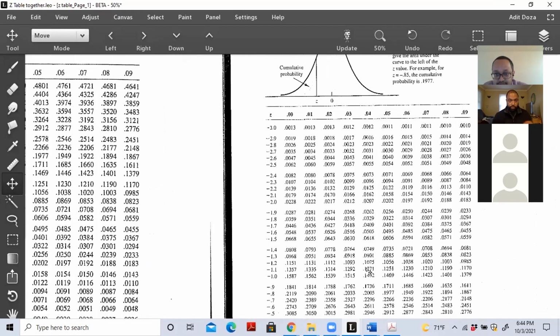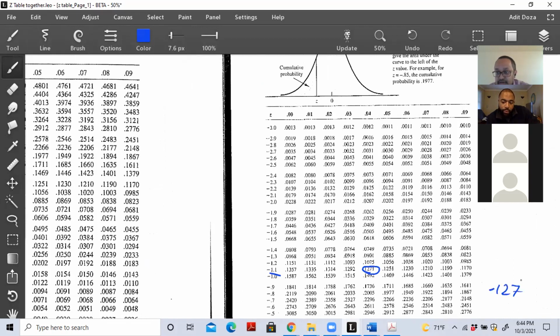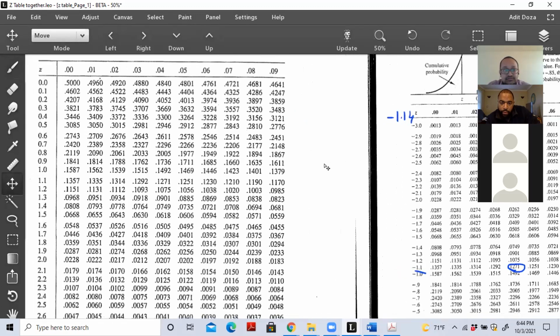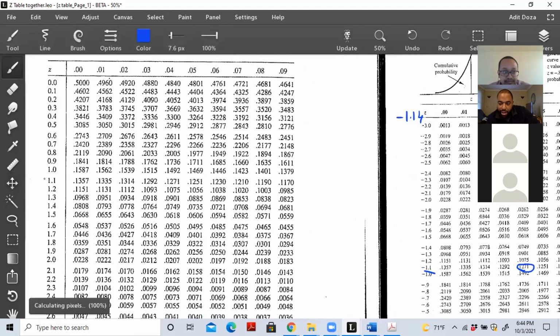Because of symmetry, negative 1.14 also gives a p-value of 0.127.